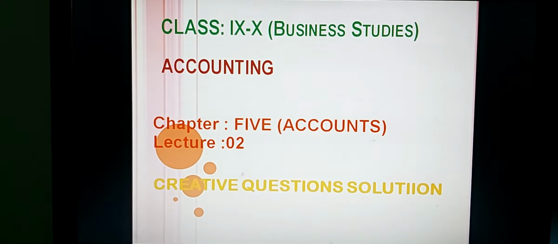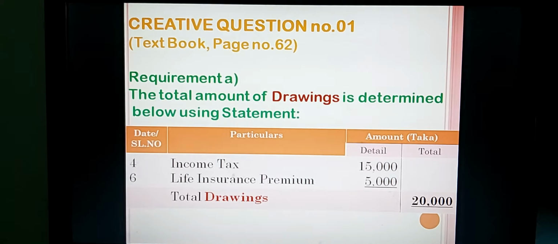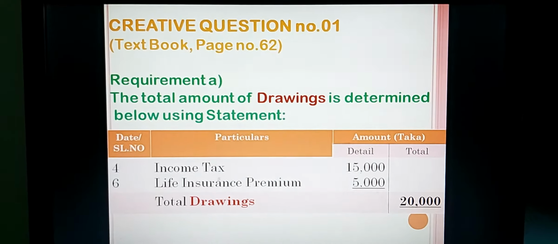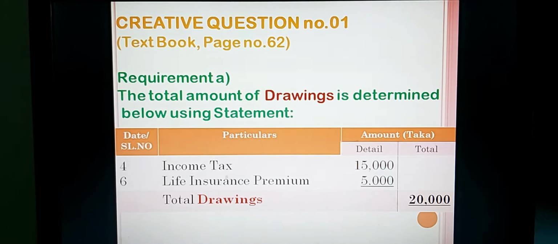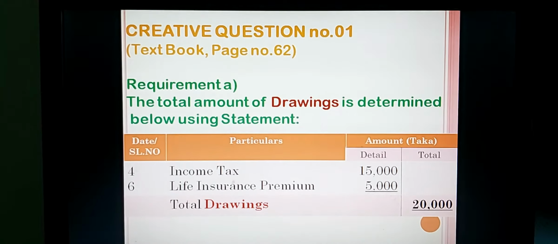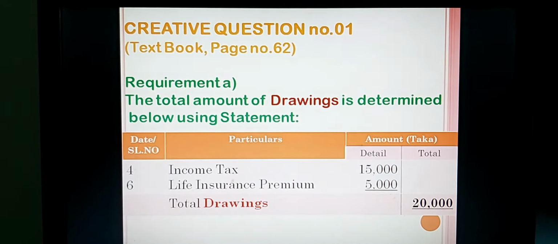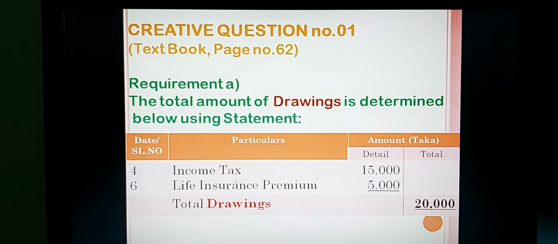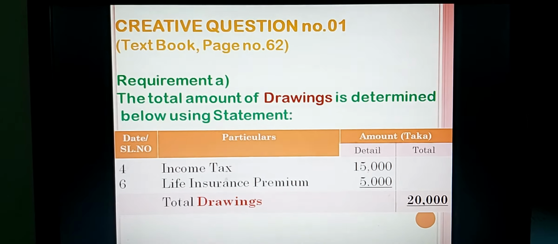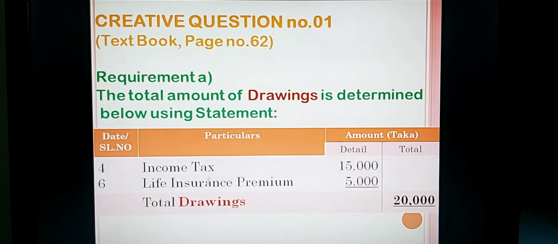Dear students, now you can take the textbook and open at page number 62, creative question number 1. Okay, before going to the solution, you have to read it one time for understanding the question or stem.